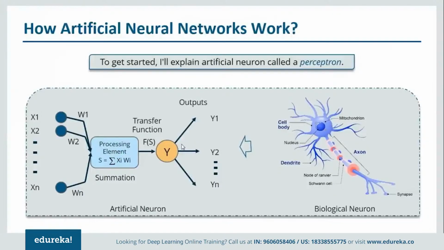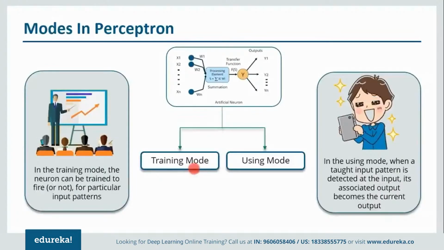Now we'll move forward and understand various modes of this perceptron or single artificial neuron. There are two modes in a perceptron: one is training, another is using mode. In training mode, the neuron can be trained to fire for particular input patterns, which means that we'll train our neuron to fire on a certain set of inputs and to not fire on the other set of inputs.